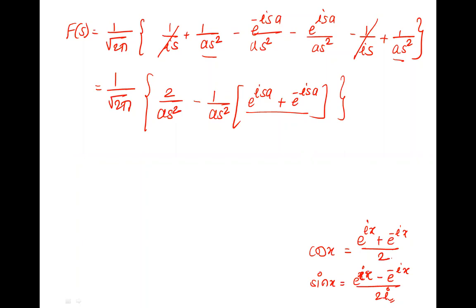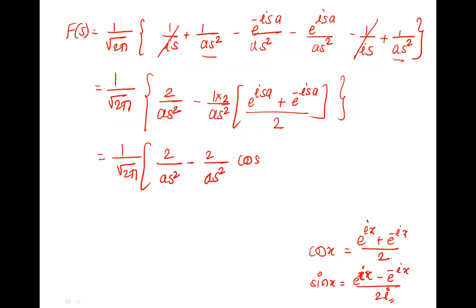Remember. So what should be here? There should be 2. As it is plus, it will go into cos and cos will need 2. So I have divided by 2, which means I should multiply by 2 also to this term. So your answer is then 1 upon root 2 pi, 2 upon a square minus 2 upon a square into what? Cos sa.